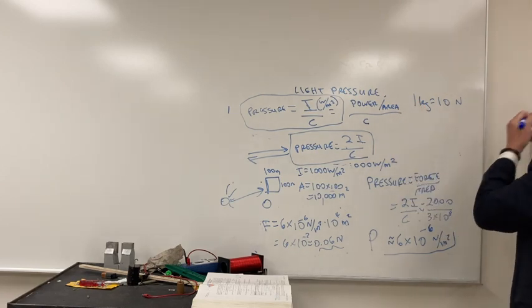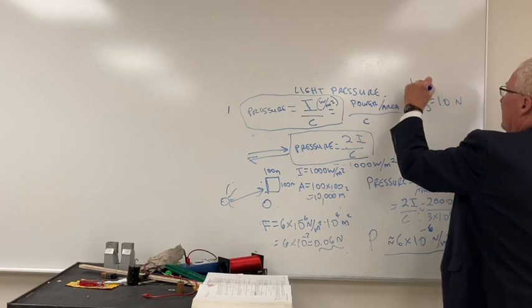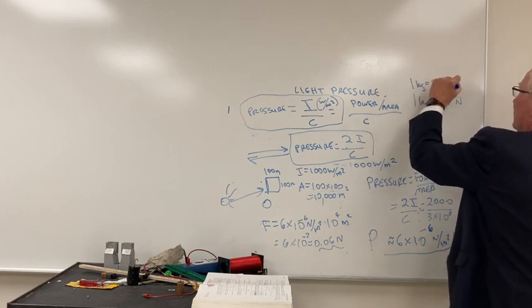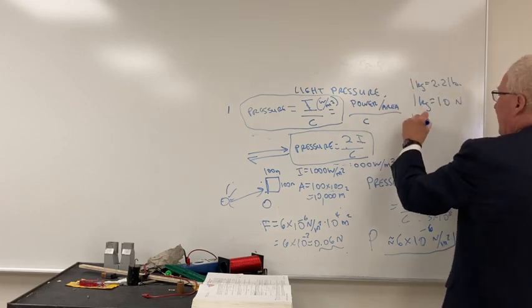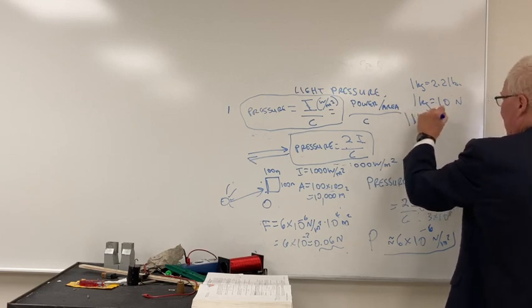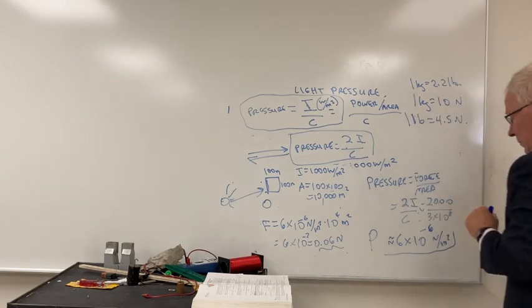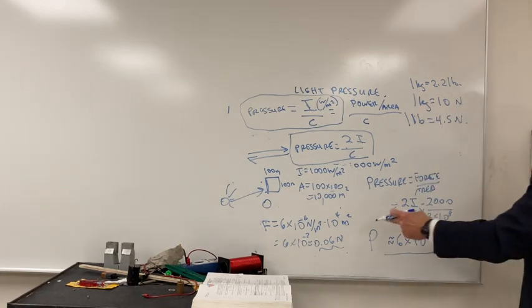And since 1 kilogram is 2.2 pounds, 1 pound is approximately 4.5 newtons. So this is about 1/4.